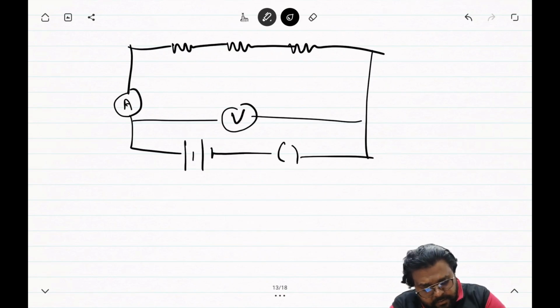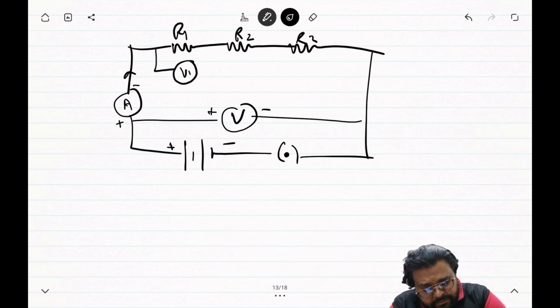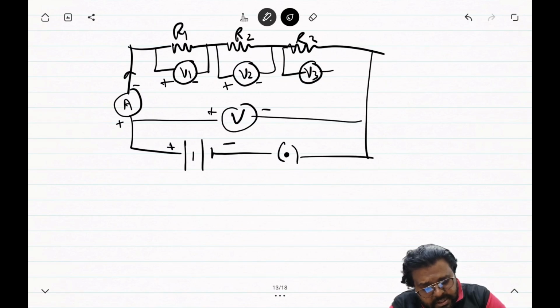This is a key. Voltmeters, plus minus, connected across R1, R2, R3. When I plug in the key, the current will start moving. Let the potential drop at R1 be measured by voltmeter V1. The potential drop at R2 is measured by V2. The potential drop at R3 is measured by V3.